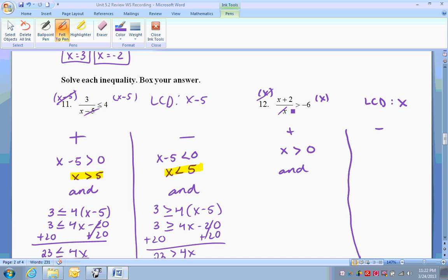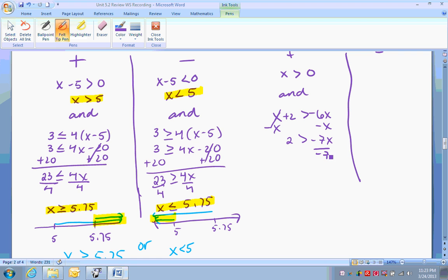The x's would cancel on the left-hand side, so you'd be left with x plus 2. Now the x is positive, so the sign will not change because you're multiplying by a positive number on both sides. And on the right-hand side, you're left with negative 6x. Now I would subtract x on both sides, and you're left with 2 is greater than negative 7x.